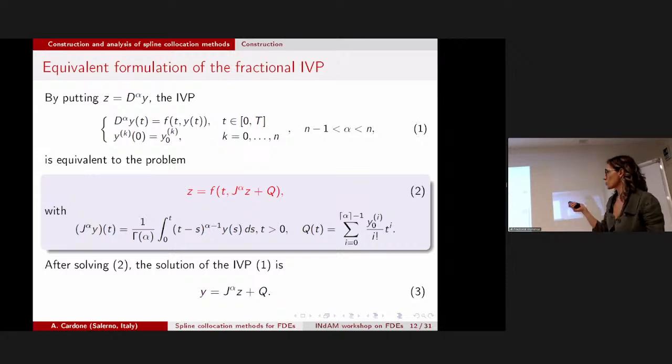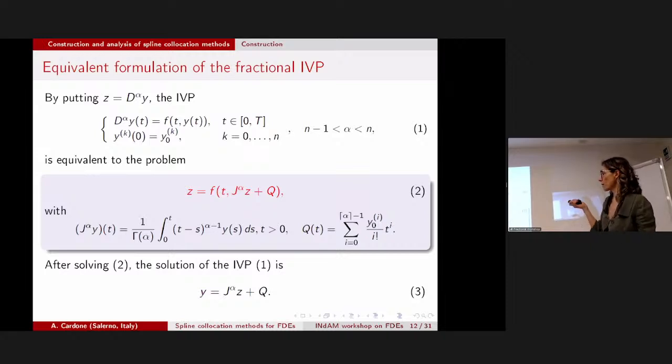And once we have solved equation 2, we can obtain the solution of the initial value problem 1 by this simple formula: we have to compute the fractional integral of z plus the function q. So now our intent is to solve equation 2.